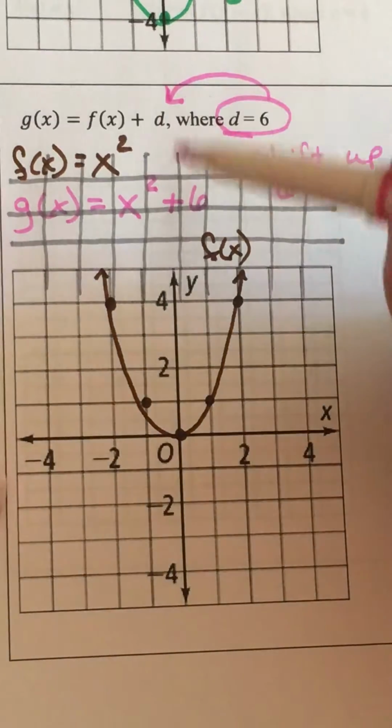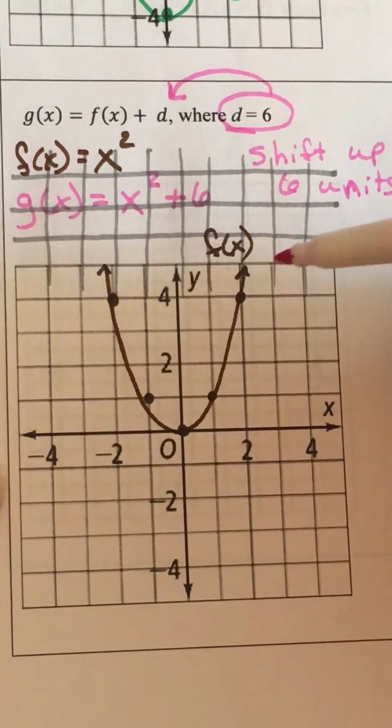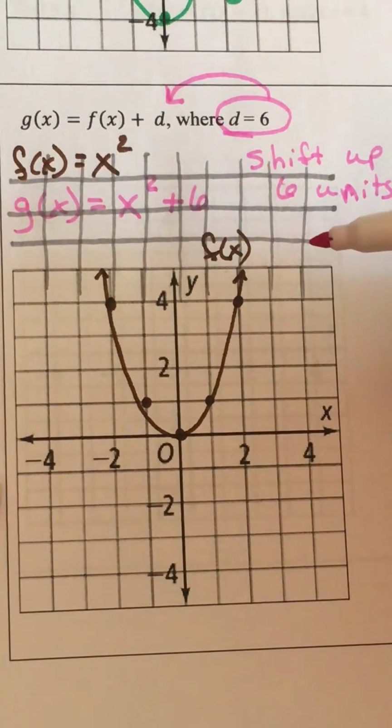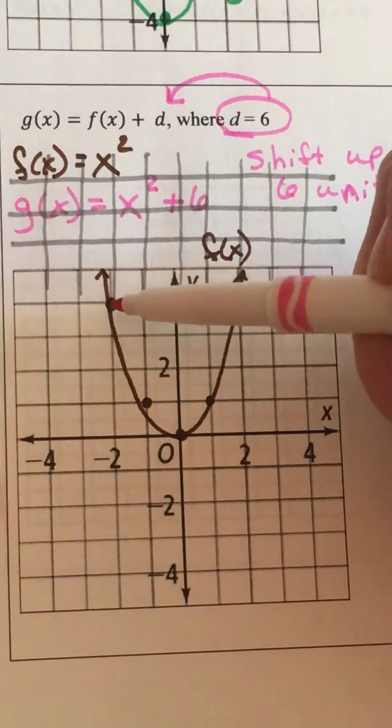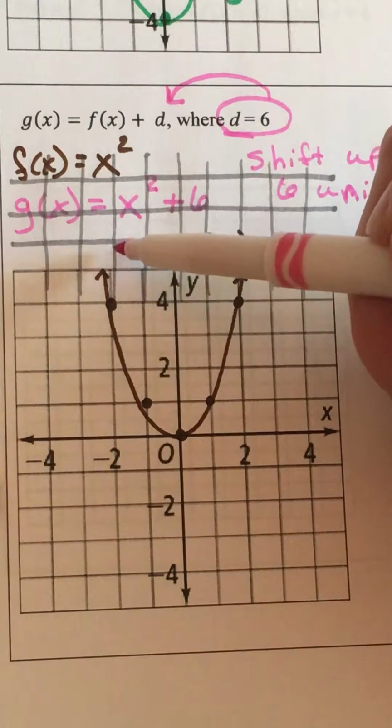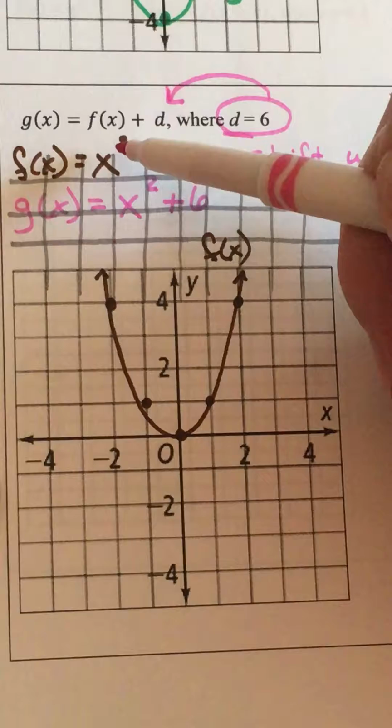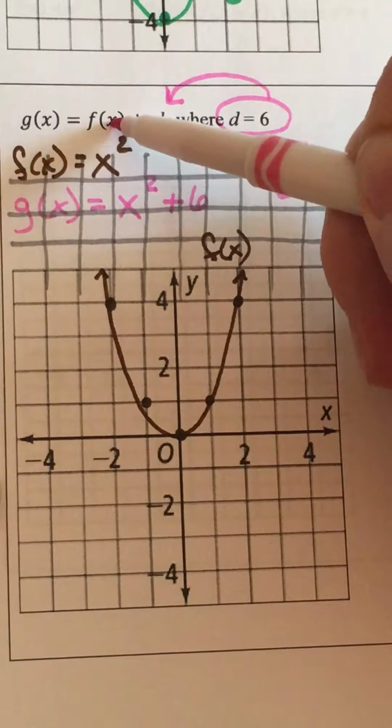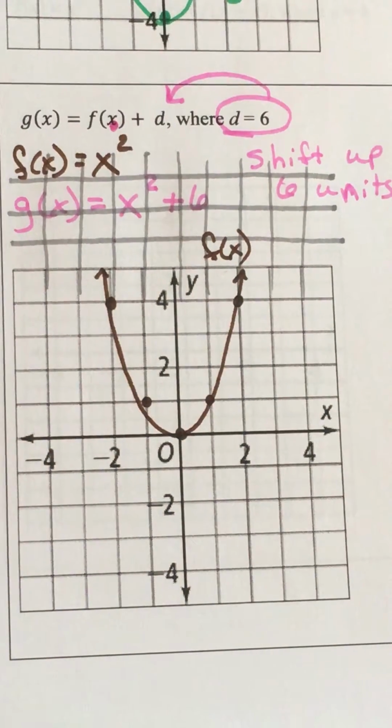So now that I've done that, let's see if we have enough graph to count up 6 units, and we'll plot what we can. So if I start on the left, 1, 2, 3, 4, 5, 6. If I wanted to extend my graph even further, I could.